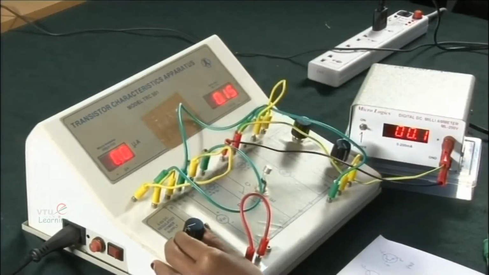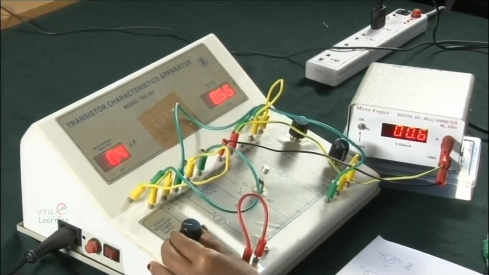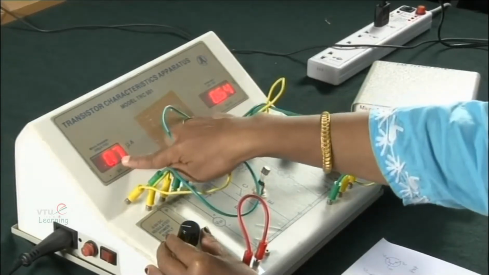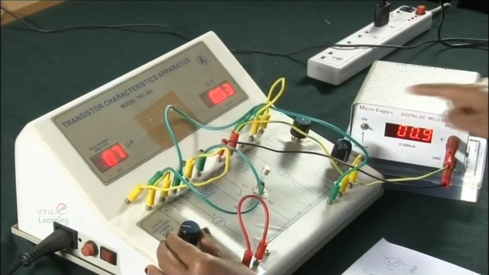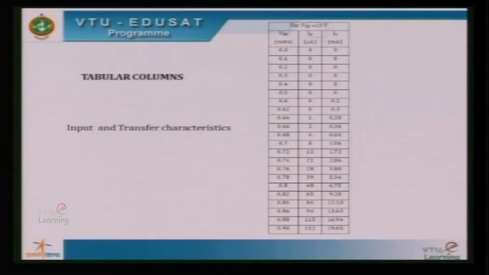I vary VBE in steps of 0.1, 0.2 and record the corresponding IB and IC in the meters. The readings are tabulated as shown. For initial voltages up to 0.6, you find 0 current through the junction.